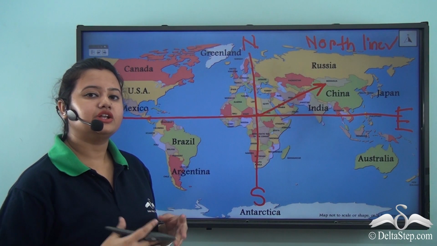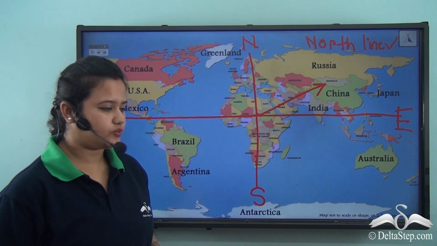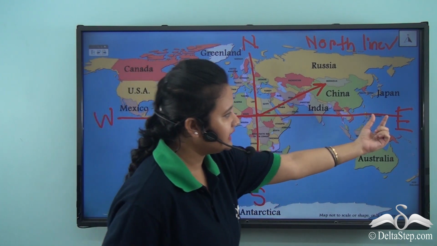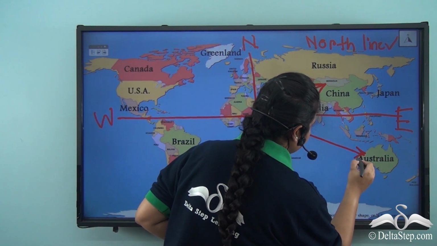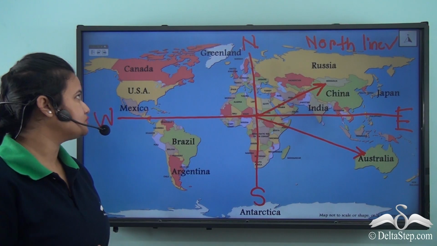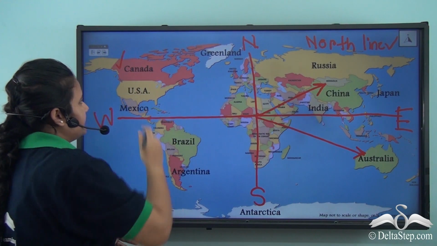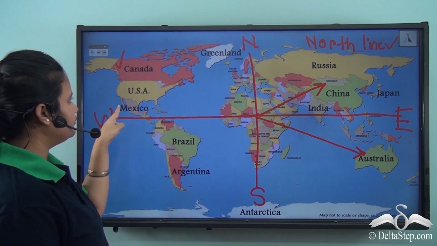Now let us find the location of Australia. Well, Australia, as we can see, is situated between south and east. So it is present in the southeastern part of the world. Now let us look at another country on this world map, say Canada. Canada, as we can see here, is located between north and west.